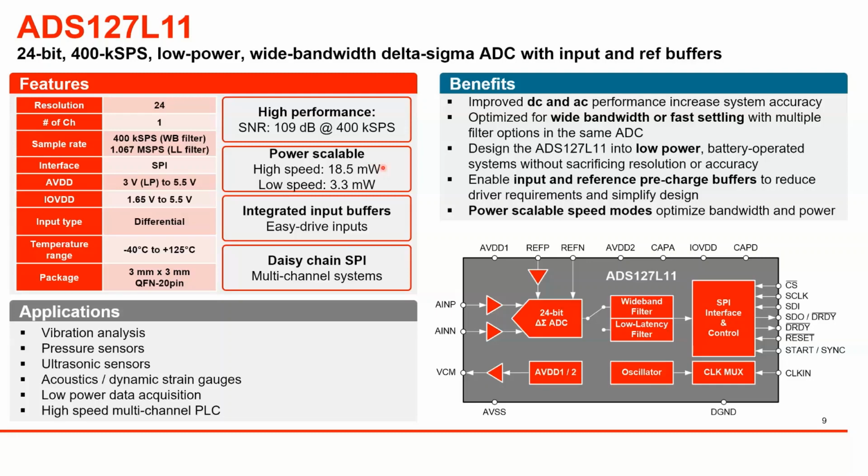For multi-channel systems, this device can also be easily daisy-chained with SPI communication, so you can create 2 4-channel systems using this device. We also have an application note available on ti.com that shows how to achieve this multi-channel system via daisy chain.